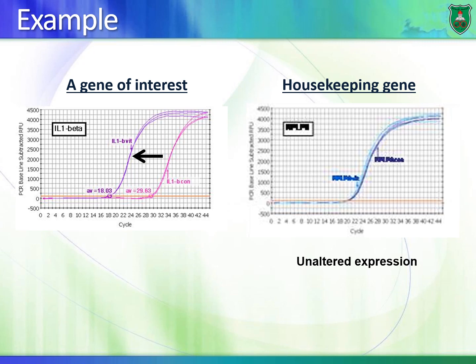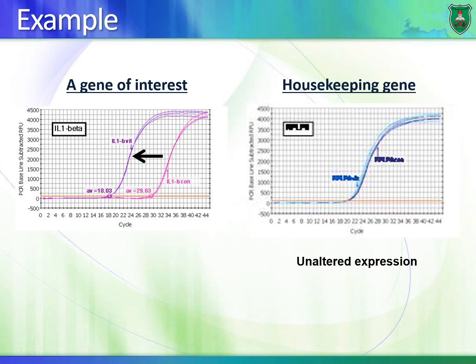Okay, so the thing is, when I try to do real-time PCR using two different samples to look at the relative expression of a certain gene, I have to do analysis of the expression of a housekeeping gene. Okay, again, like actin and tubulin and whatever. Why? Just to make sure that I'm starting with the same or at least similar amount of total RNA.